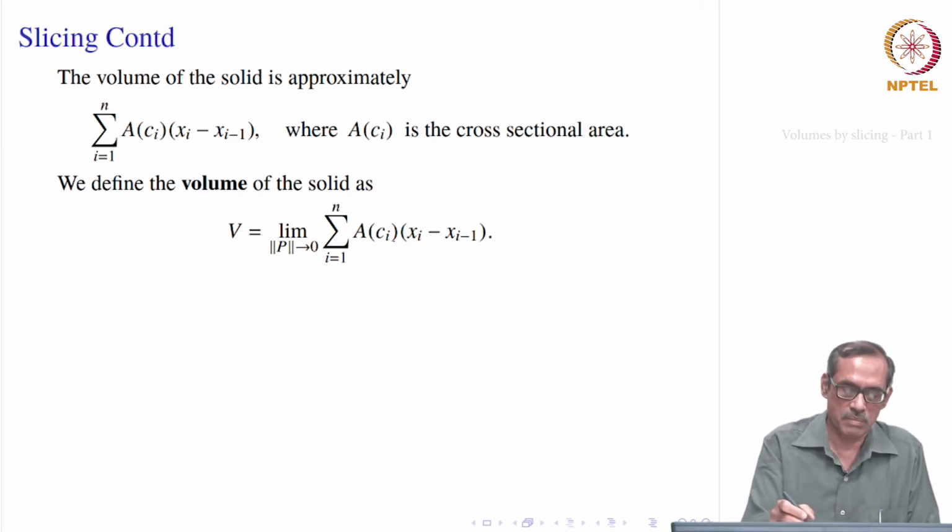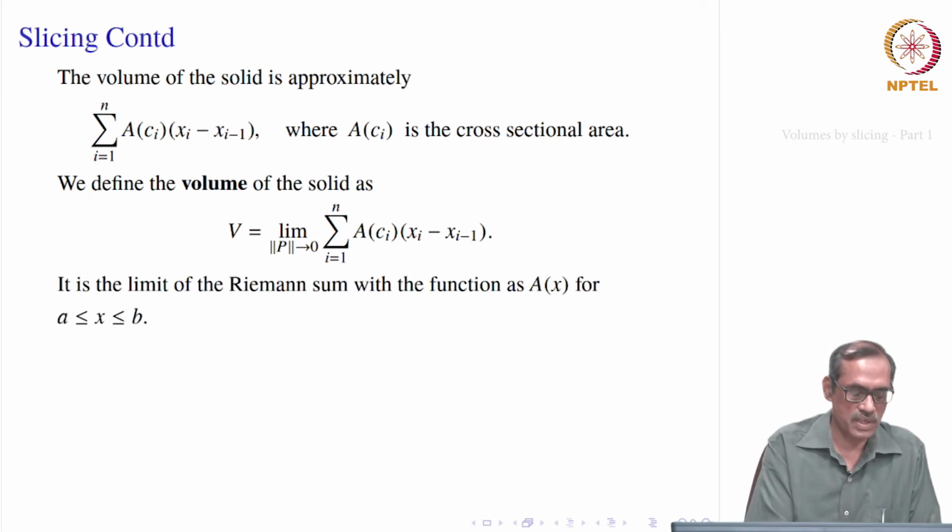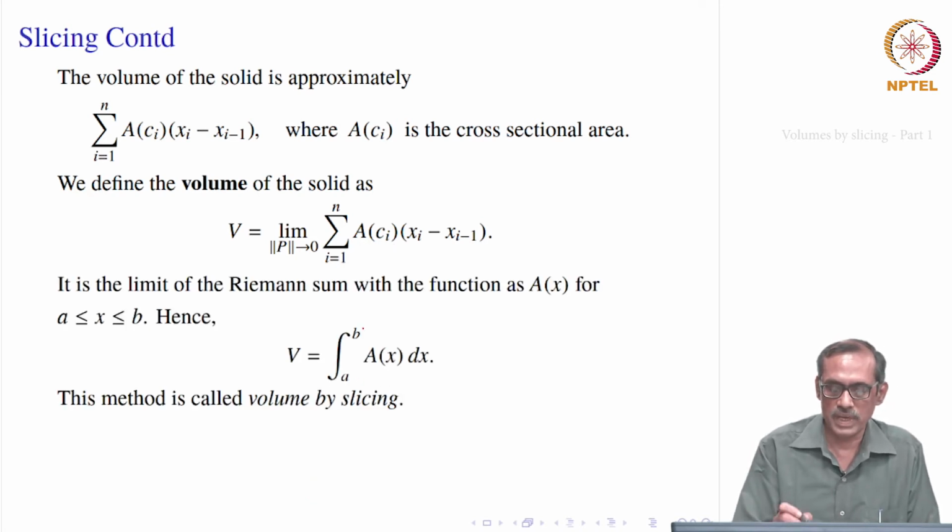And now you see it is a Riemann sum where the function is A at Ci, it is not f, it is A at Ci. So, it gives rise to the integral from a to b of the cross sectional area as a function of x, a definite integral.